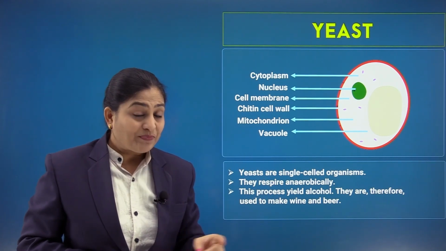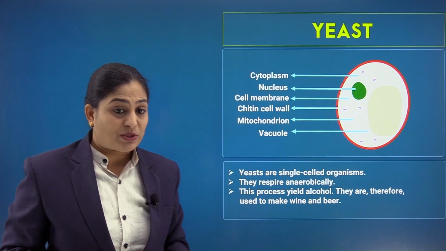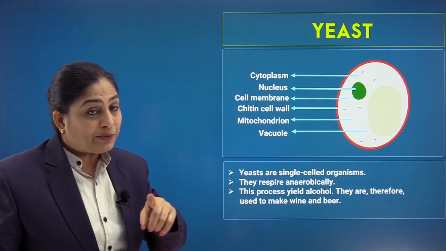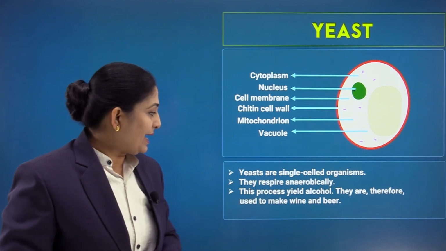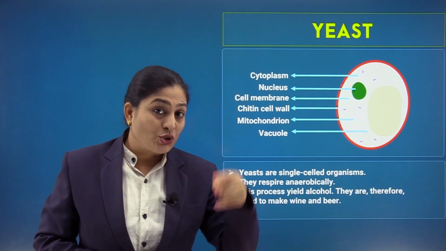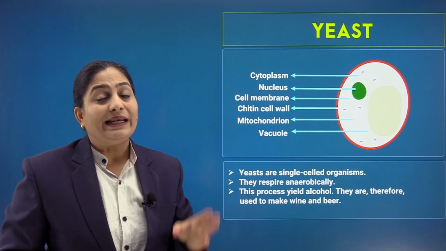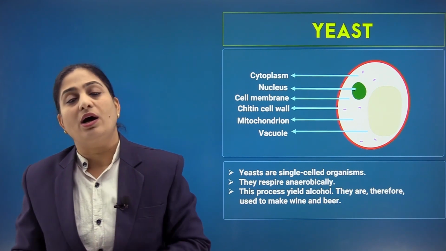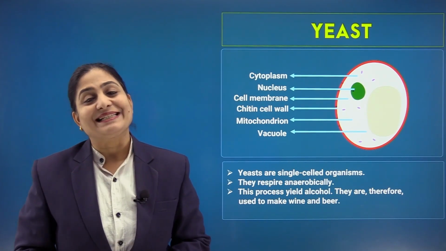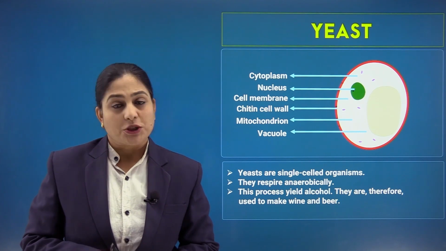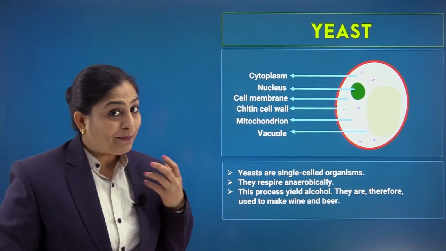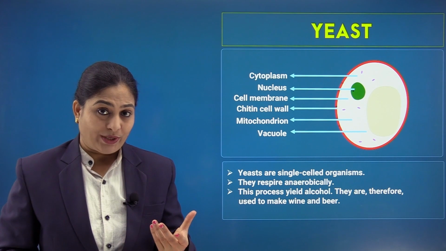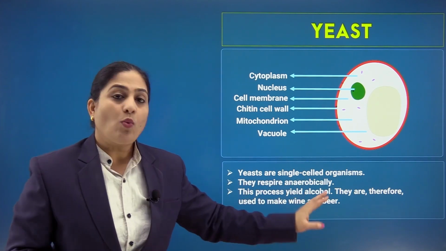It respires in the absence of oxygen and produces alcohol. Thus yeast is used to make wine and beer, which contain alcohol as an important constituent. So here we have seen an example of yeast which respires anaerobically and produces alcohol, which is used in making wine and beer.